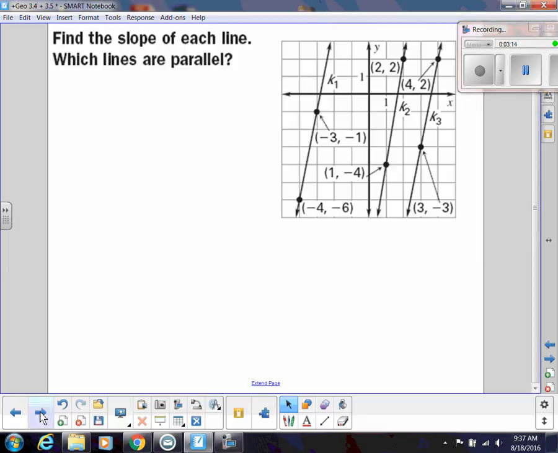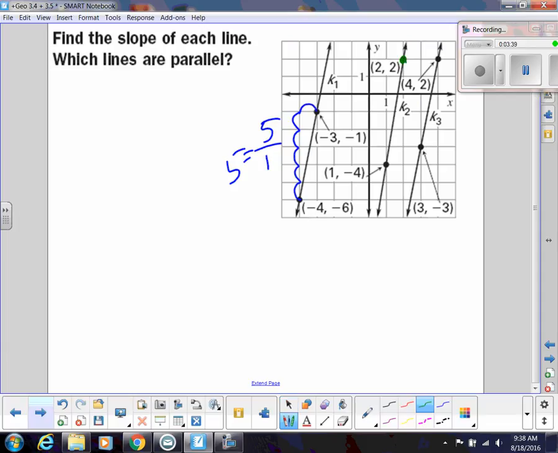If we find the slope of each of these, we can determine which ones are parallel. As a reminder of finding the slope from a graph, you can count rise over run, so that's 1, 2, 3, 4, 5, and then over 1, so the slope of K1 is 5. You can also just use coordinates.